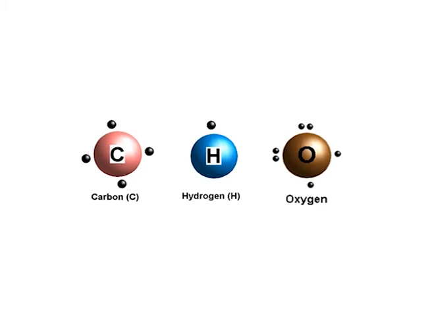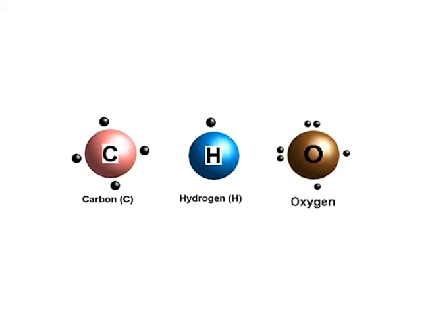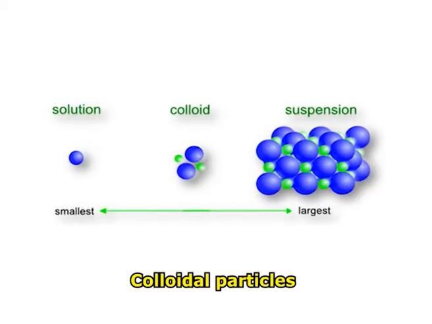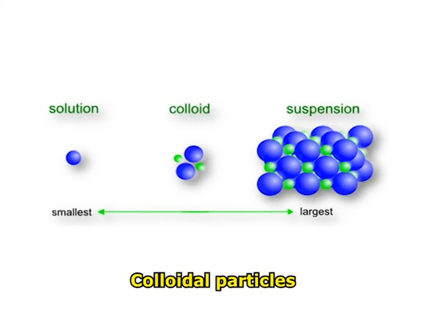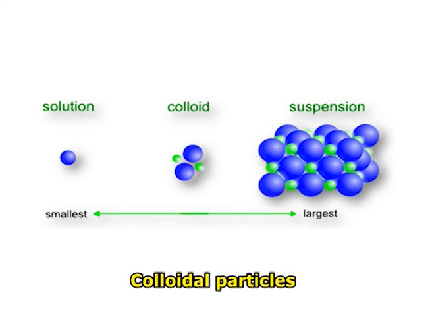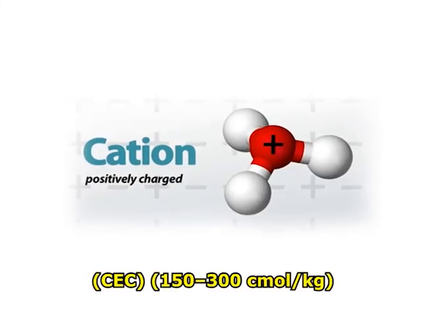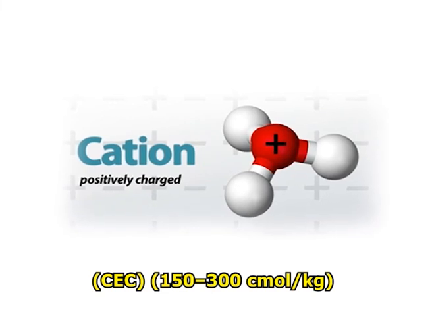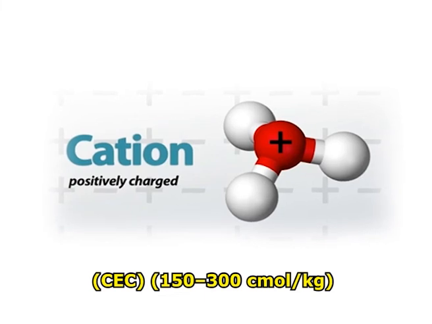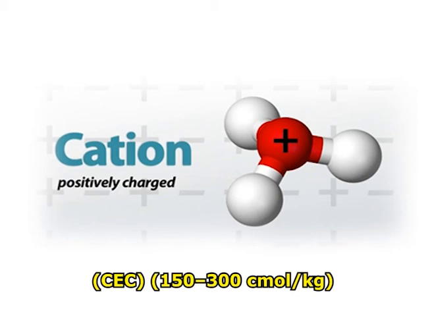Properties of humus. The tiny colloidal particles are composed of carbon, hydrogen, and oxygen. The colloidal particles are negatively charged, like the OH, COOH, or the phenolic groups, and have very high surface area, higher cation exchange capacity, that is CEC 150 to 300 cmol per kg, and 4 to 5 times higher water holding capacity than that of silicate clays.